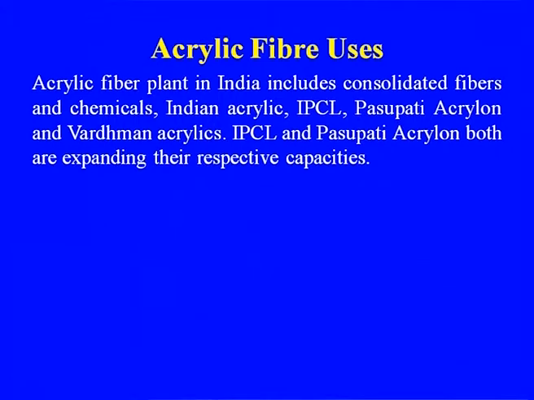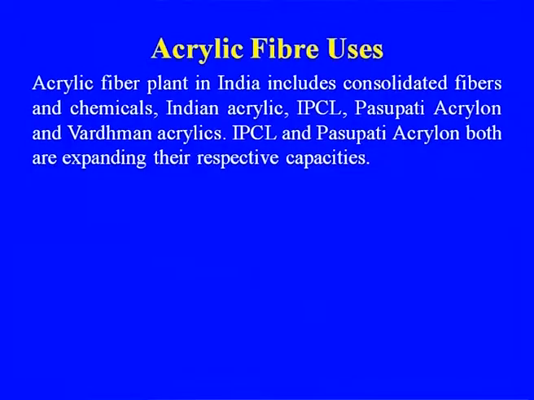Another important one is Bardhaman Acrylics, because Bardhaman wool and other things are very important, and so they have also gone into making acrylics. You see now the cost of natural wool is very high in comparison to acrylic fiber, and that is the reason why acrylic has almost completely replaced the conventional wool material in hosiery and other applications.